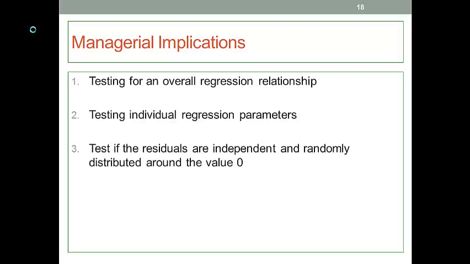We want to see how strong these two values can predict the dependent factor. Third, we want to test if the residuals are independently and randomly distributed around the value of 0. Let's see these three factors one by one.